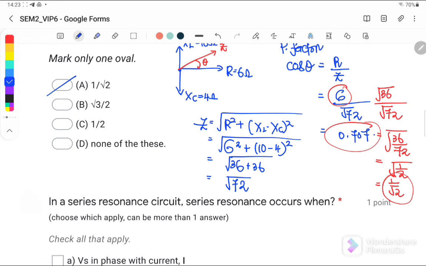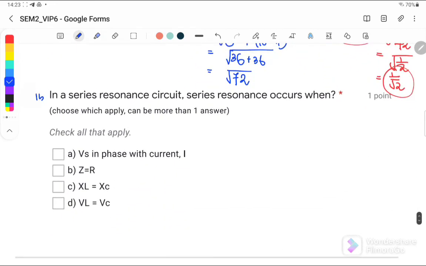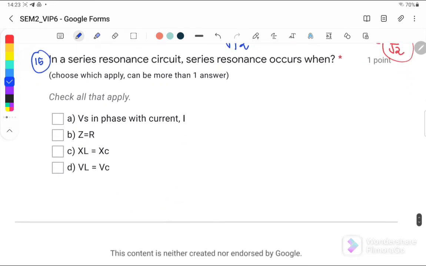Next we go to the last question, question number 15. In a series resonance, the resonance occurs when, choose which apply, there can be more than one answer. Resonance happens when our V source is in phase with the current.